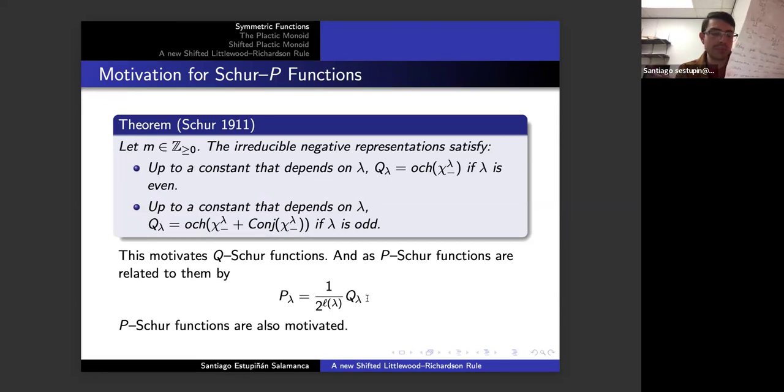So I guess by cycles, I mean in this case that all of its parts are odd. There is a correspondence between partitions and permutations, but yes, I guess all the parts are odd.